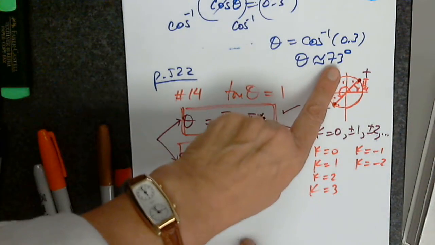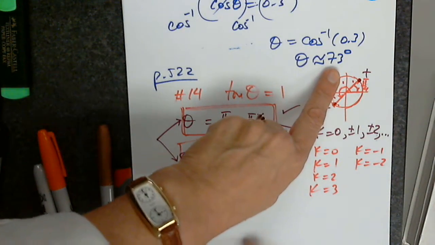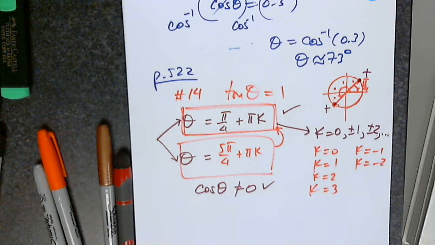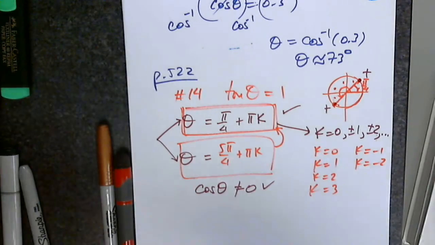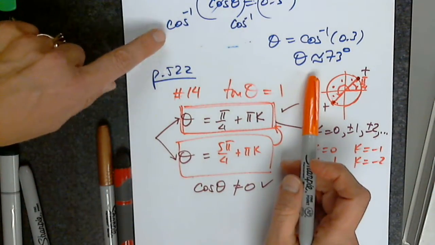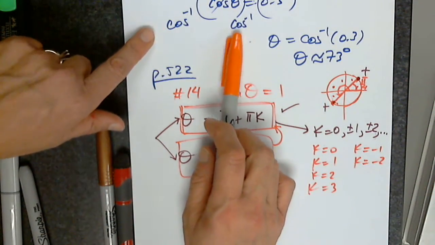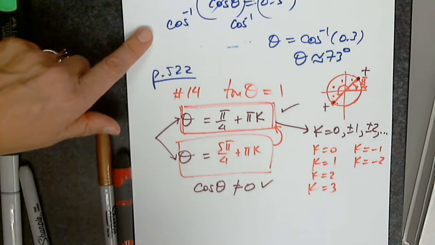So I would have presented 73 in the first quadrant, and then also 360 minus 73, because cosine is positive on your right, in the first and fourth. So I would have had to write 2 solutions. I didn't go that far with this. This first problem was just a refresher that we used this concept before.